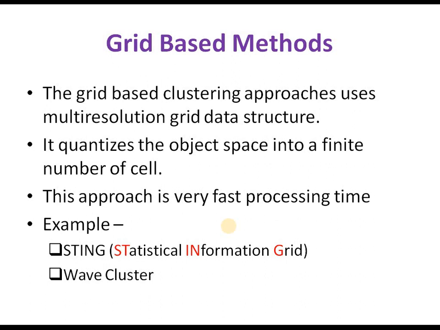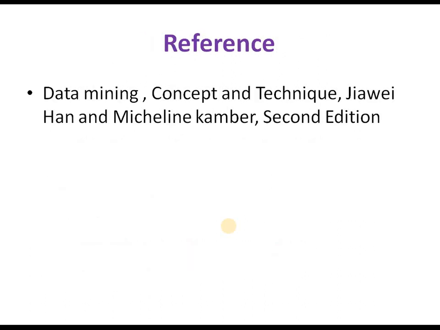In applying a wavelet transformation, data are transformed so as to preserve the relative distance between objects at different levels of resolution. This allows the natural clusters in the data to become more distinguishable. Clusters can be identified by searching for dense regions in the new domain.